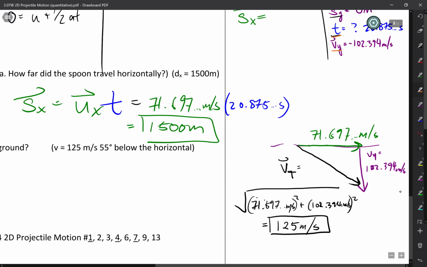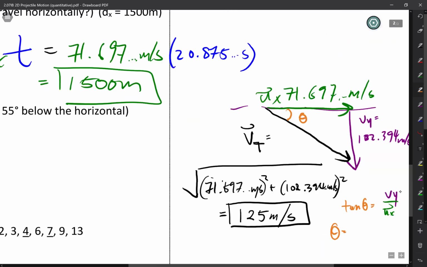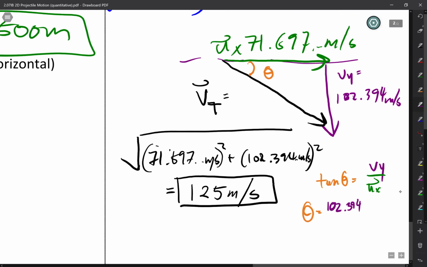Now that's not all. Let's find this angle. And finding this angle, we're going to use tan. Tan is the opposite over the adjacent. And solving for theta, by taking the inverse tan, we also get 55 degrees.